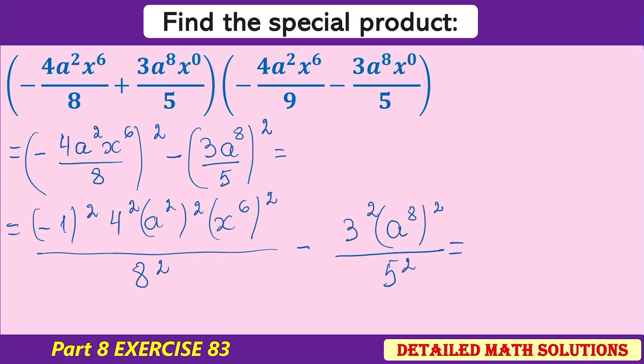This expression simplifies to 16 a to the 4th power x to the 12th power over 64 minus 9 a to the 16th power over 25.